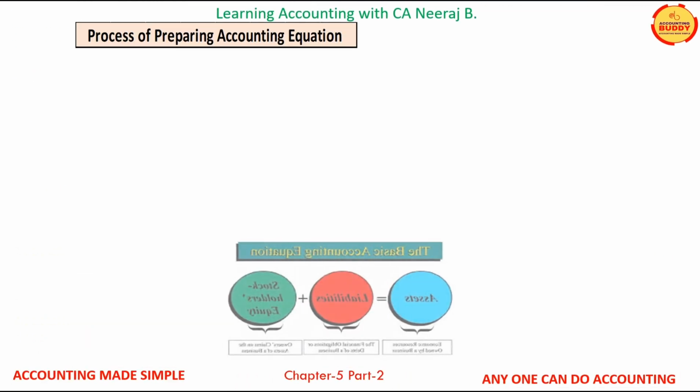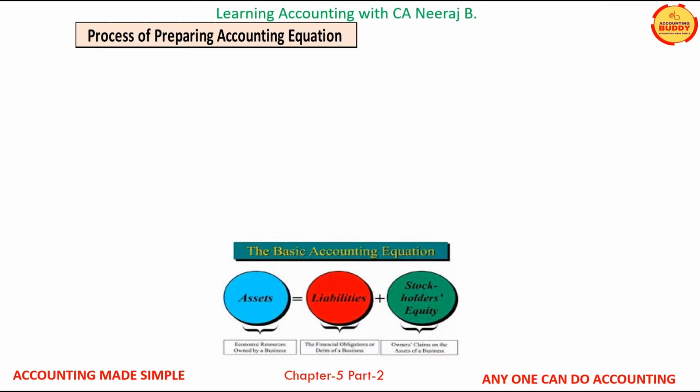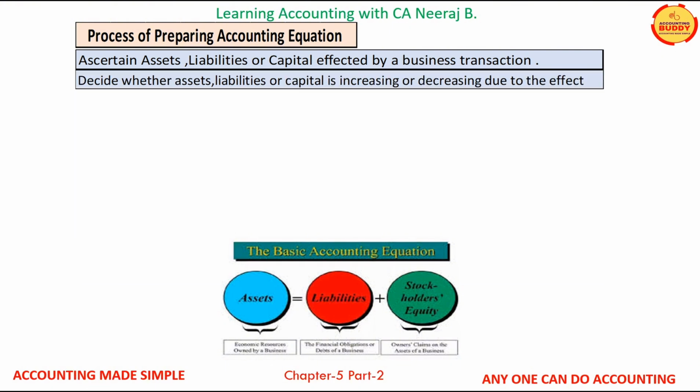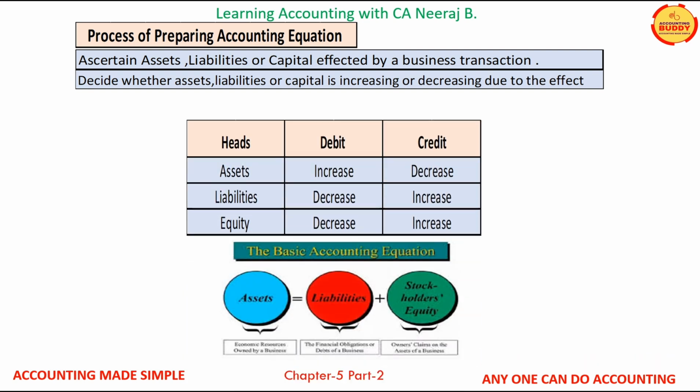In this slide, we will learn the technique of preparing an accounting equation from a business transaction. First of all, analyze the business transaction to find out the effect of the transaction on the movement in the value of assets, liabilities, or capital of the business. Figure out whether the transaction effect will result into increase or decrease in the value of assets, liabilities, or capital.